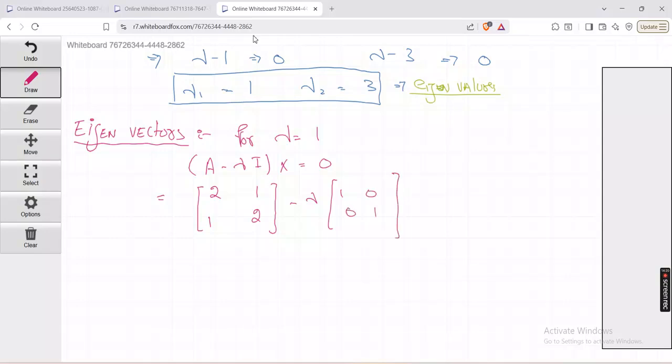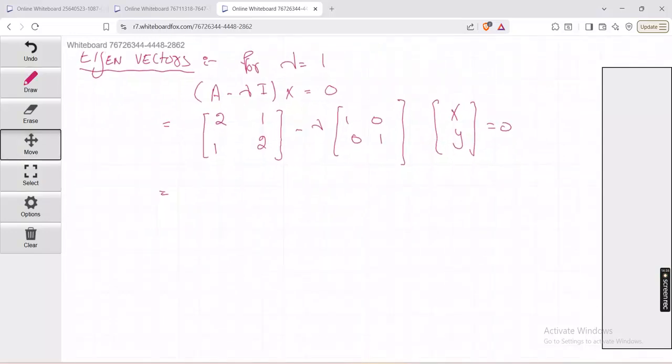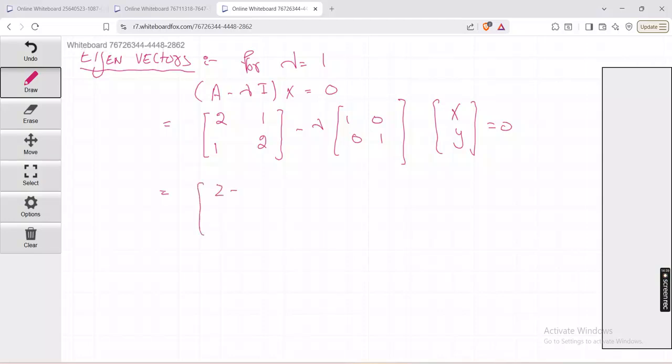So it's 1. Once you want to solve it, and x is your x y, which is equal to 0. Once you simplify this, you will get 2 minus lambda, 1, 1, 2 minus lambda, x y is equal to 0.